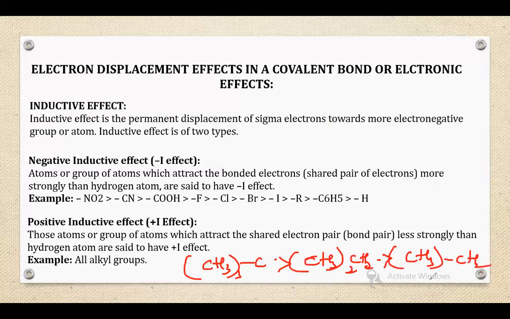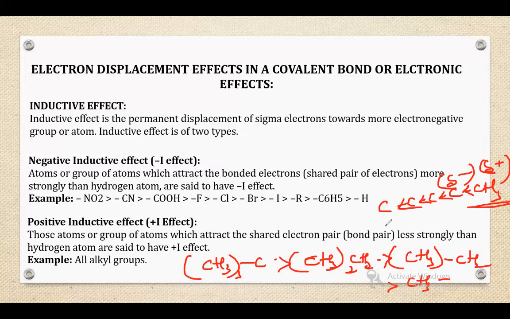This is the order of the positive inductive effect. For example, the methyl group is an electron donating group. If it donates an electron pair, the shared pair of electrons moves towards the carbon, so the carbon gets a negative charge and the methyl group gets a partial positive charge. This forms the positive inductive effect.